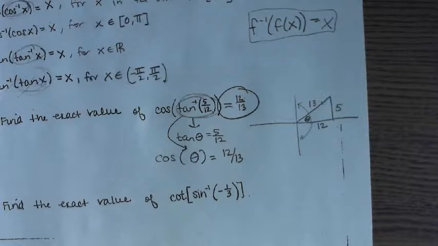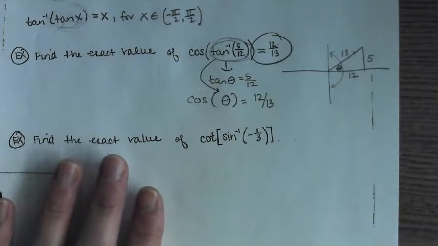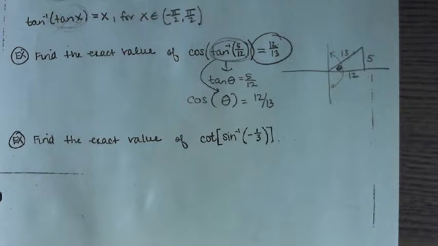Does this make sense? So that intermediate step of, well, what's the measure of angle theta? We don't care. We can't find it without a calculator, and we don't care. Try the next one on your own using that same logic.